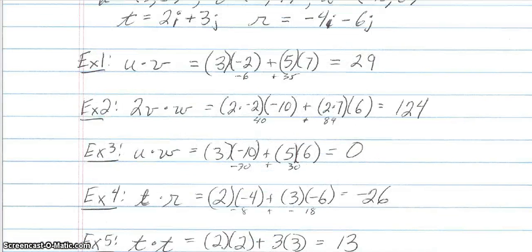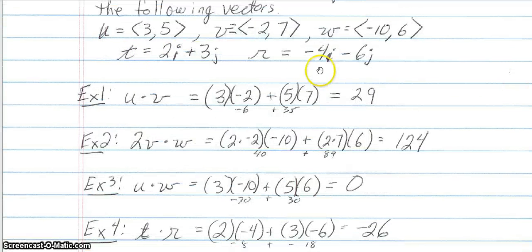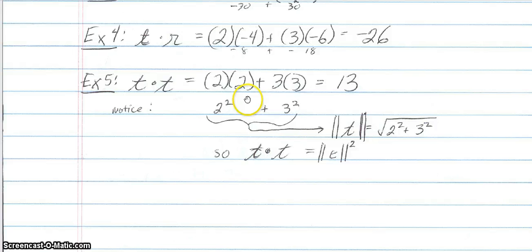Let's try t dot t, so the dot product of a vector with itself. The horizontal is 2, the vertical is 3, so the two horizontals are 2 and 2, and 3 and 3 for the two vertical components. Well, we know that's 13, but notice that's 2 squared plus 3 squared. Where else have we had 2 squared plus 3 squared? Square the horizontal component, square the vertical component.